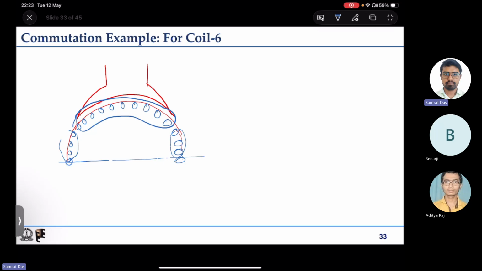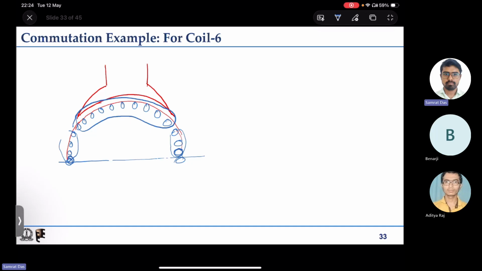So even if you go to the first thing, the commutation. One of these coils will be shorted, and already they are in the vicinity of the magnetic neutral axis. The induced EMF contribution of these coils is very low, because already they are in a magnetic neutral axis.